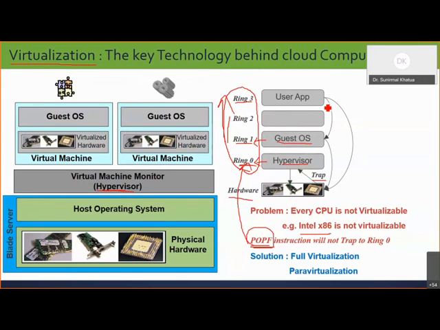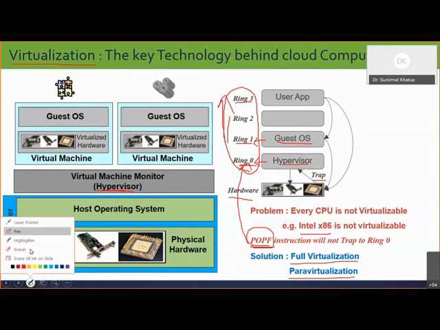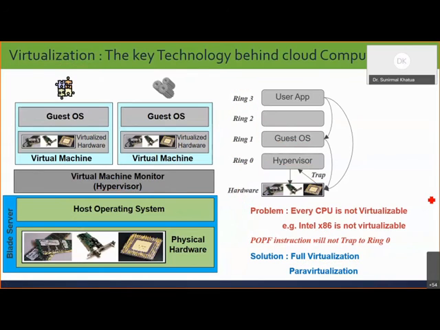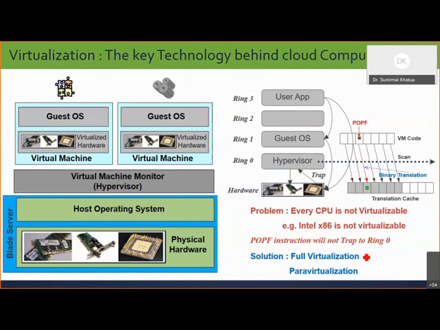For that reason, they provide two solutions. The first solution is called full virtualization technology, and the second one is para-virtualization technology. Let us see what these two technologies are. First, in the case of full virtualization, the hypervisor monitors the execution of instructions and searches for those problematic instructions.